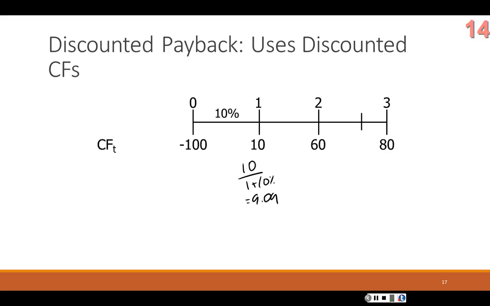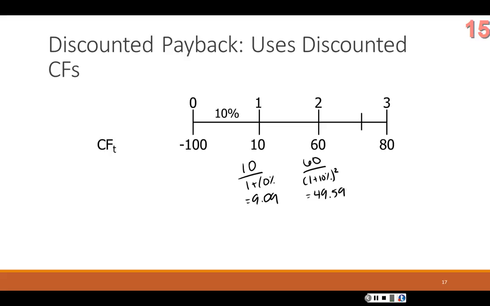The present value of $60 is $49.59. So 60 divided by 1 plus 10% squared is $49.59.